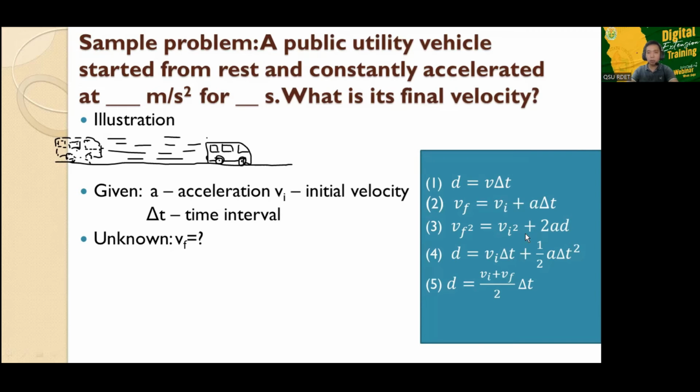Can we use equation 3 to solve the problem? The answer is no, particularly if you're only going to use this equation, because in this equation, there are 2 unknowns. And in mathematics, if there are 2 unknowns, the minimum number of equations is 2.